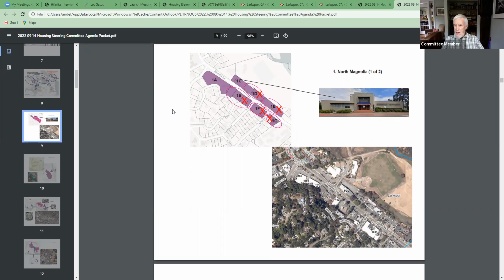In theory, would it count for our numbers? Would those kinds of units count? What we know for certain is that dorms don't count. Right. But when you go to the design of individual units, that's a little bit of a gray area.